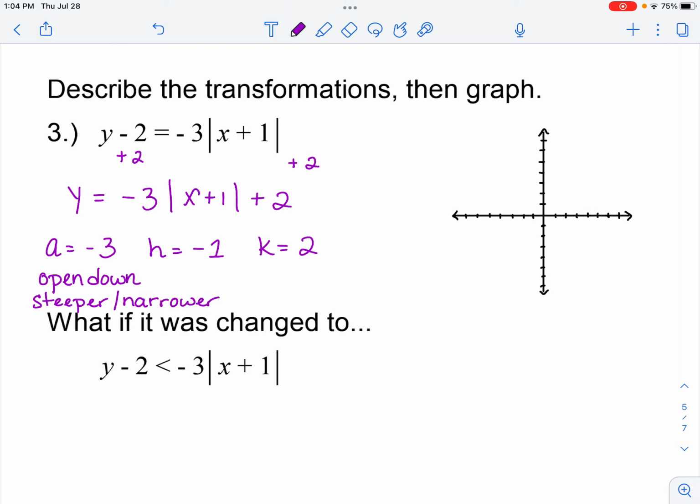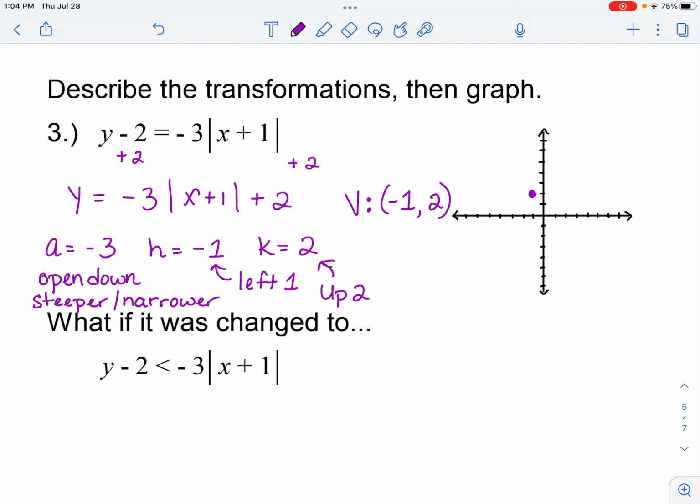You could use either word here. We're going to go left 1 unit, and from here, up 2 units. So the vertex is going to be at h = -1, k = +2. So (-1, 2) would be right here.